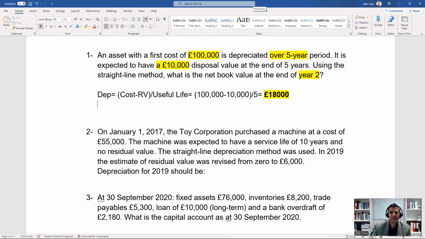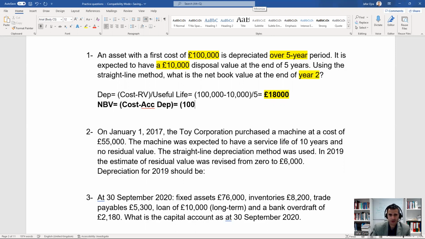Now, what is the net book value? What is the formula for net book value? The formula for net book value equals cost minus accumulated depreciation. The cost is 100,000 pounds.